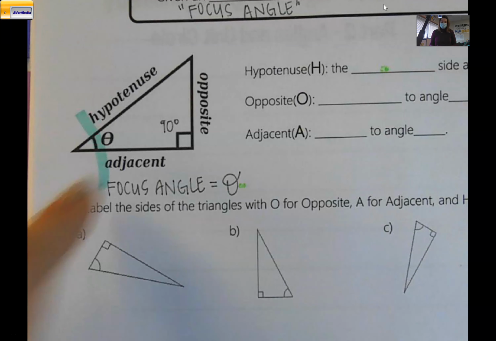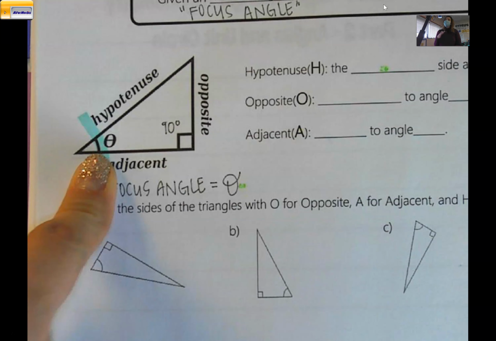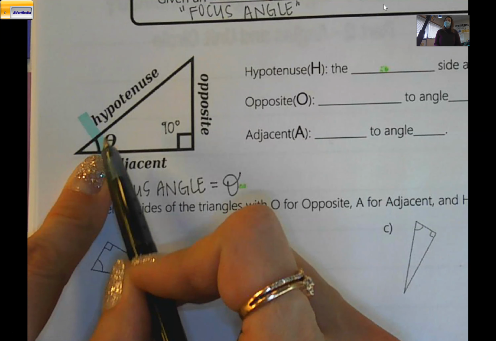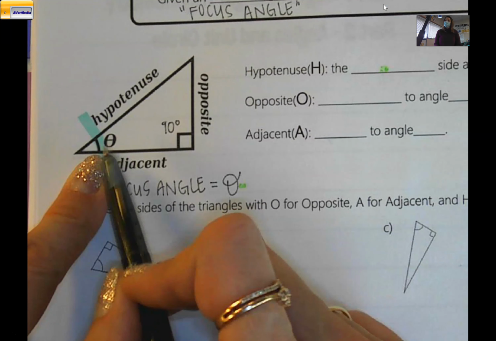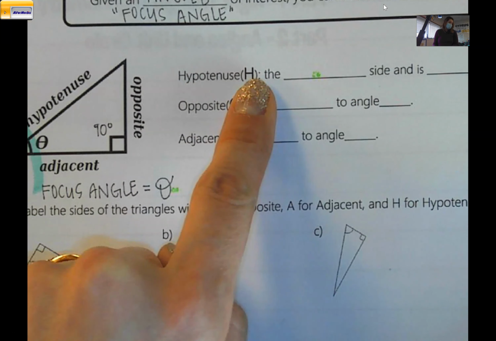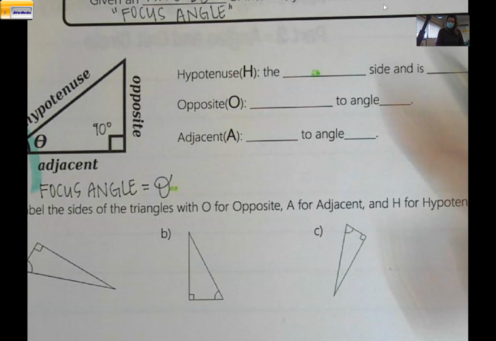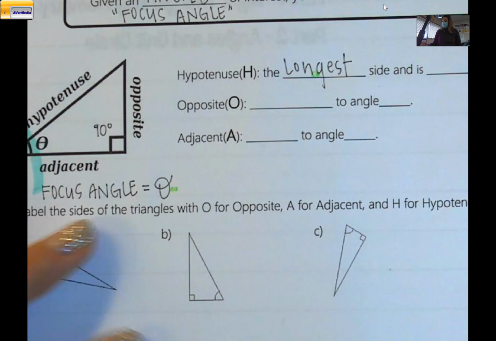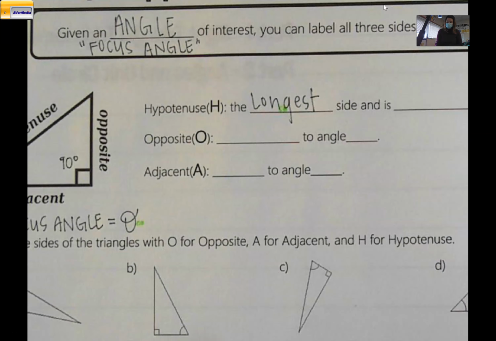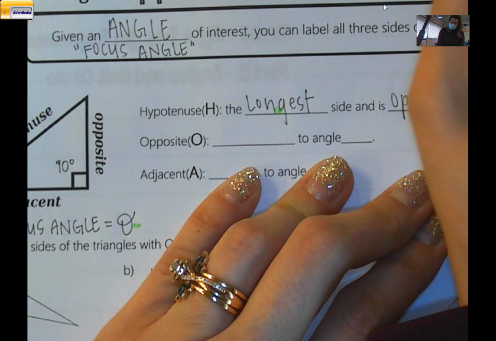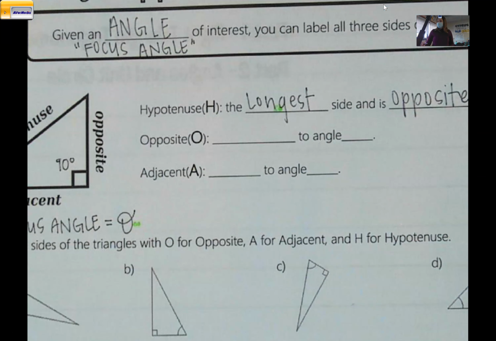So now we're going to talk about this triangle in terms of theta, and we're going to talk about its sides in relation to where they are regarding theta. The hypotenuse of your triangle is the longest side. The hypotenuse is always the longest side, and it's opposite or across from the right angle.